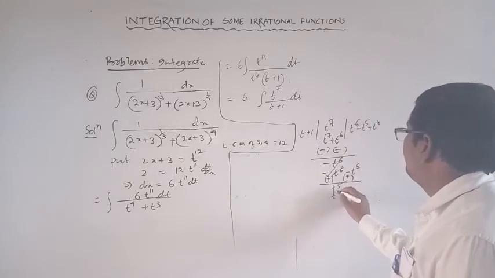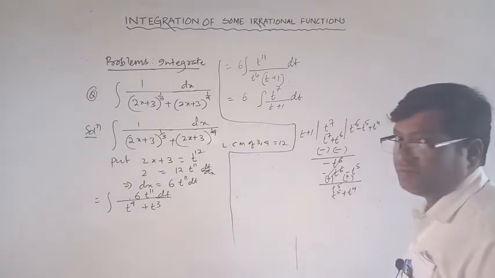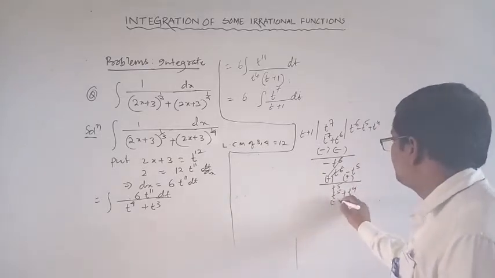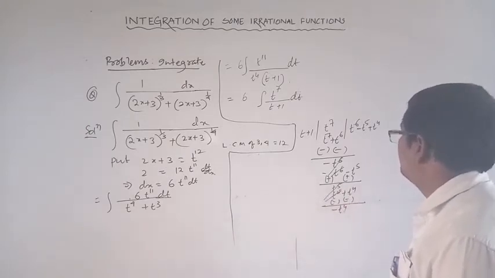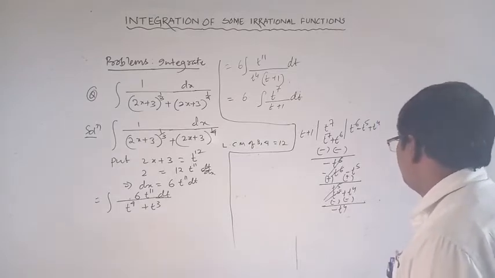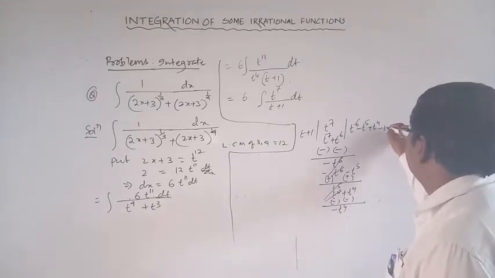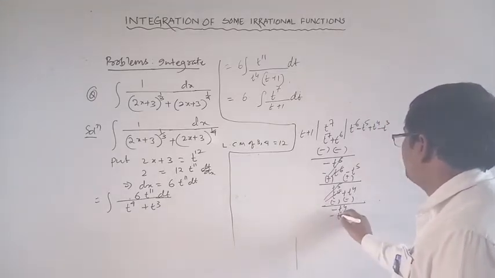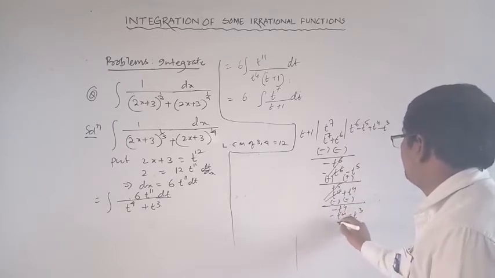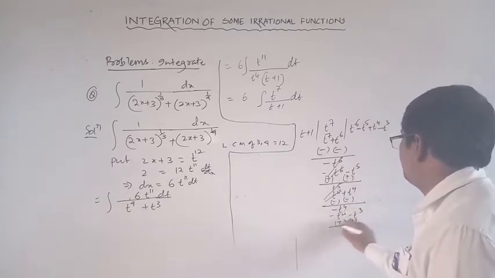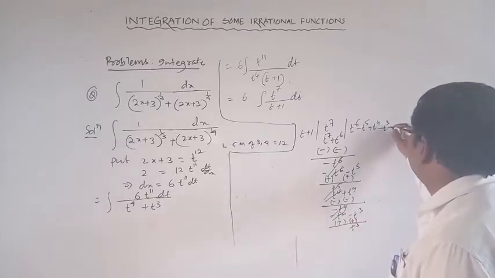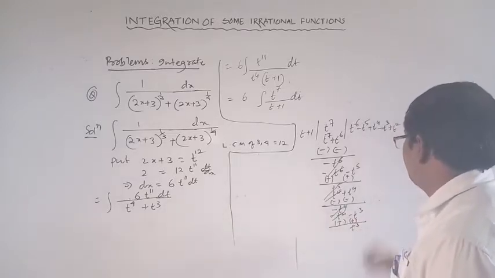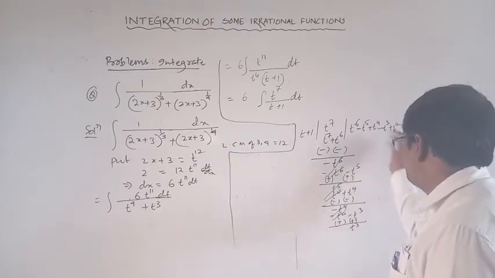T to the power 5 plus t fourth. So minus t fourth, then minus t cube, minus t fourth minus t cube. This is plus, cancel here t cube, and this is plus t square.